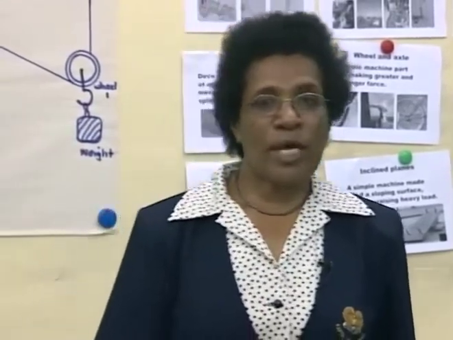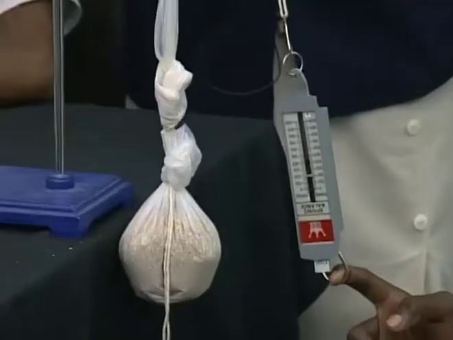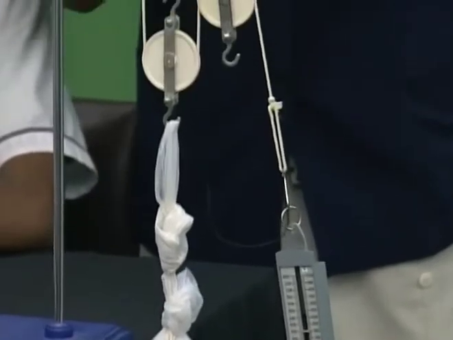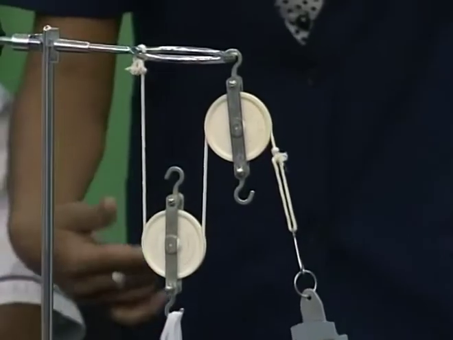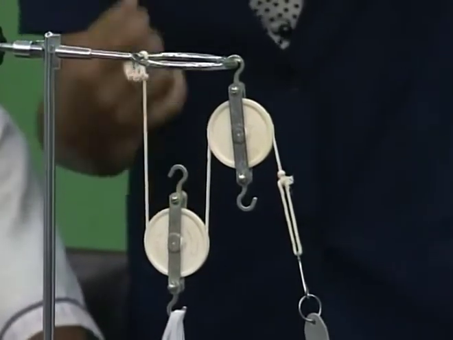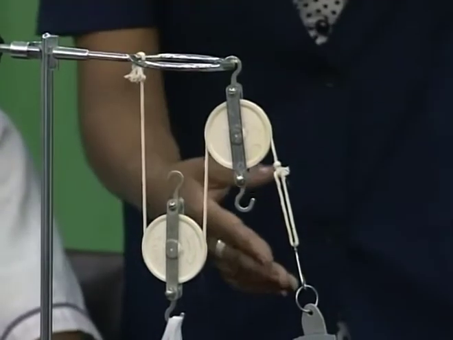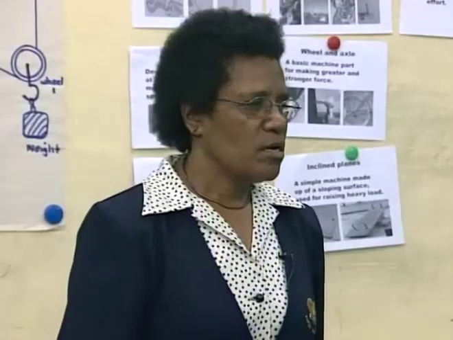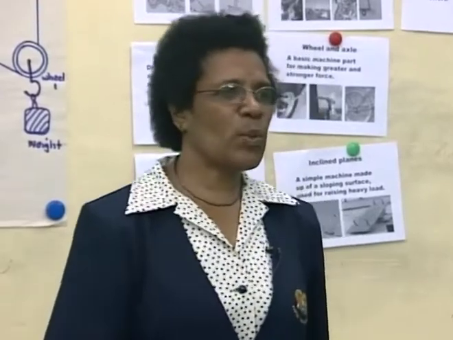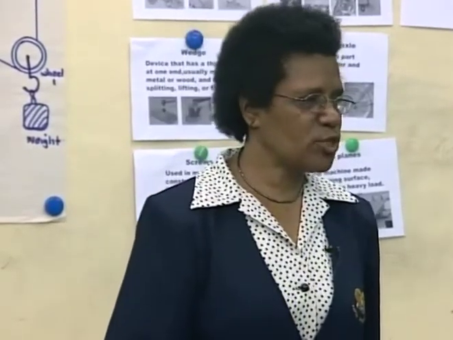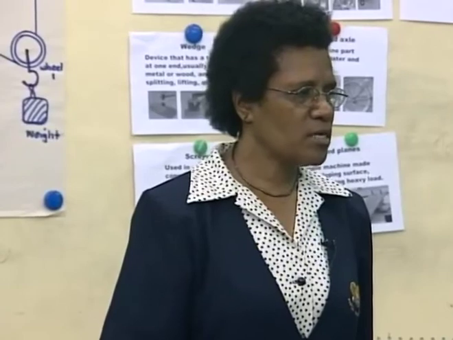In the next part of the activity, we used two wheels and also used the force meter to lift the weight. Now, I'd like to have Donald from this group tell us the difference between those two activities that you did. What can you tell us?